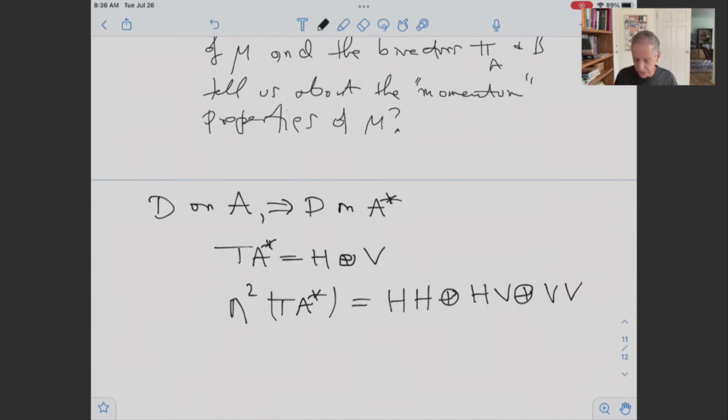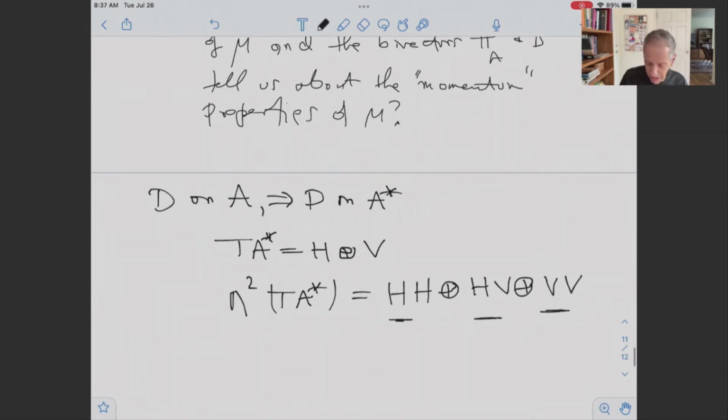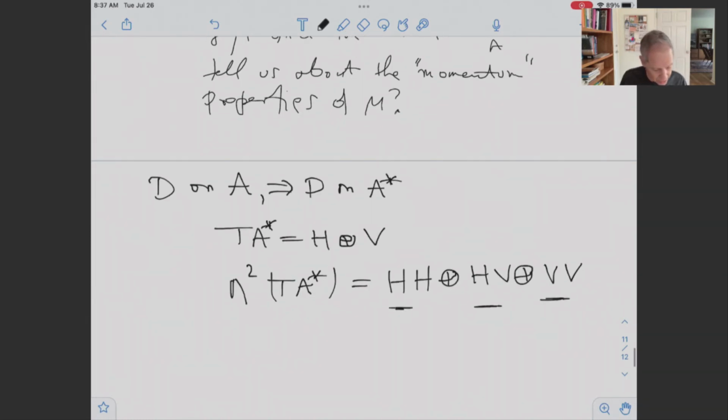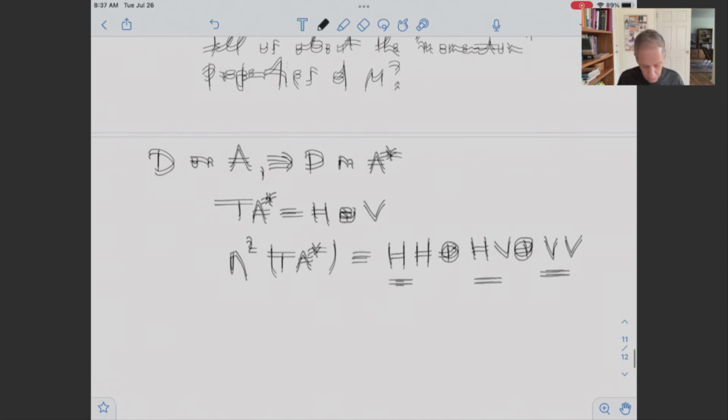So these are strictly vertical bivectors. These are strictly horizontal bivectors. These are the wedge product of a horizontal with a vertical, and so on. So you can do the same thing for trivectors and so on. Split them into these horizontal and vertical pieces.